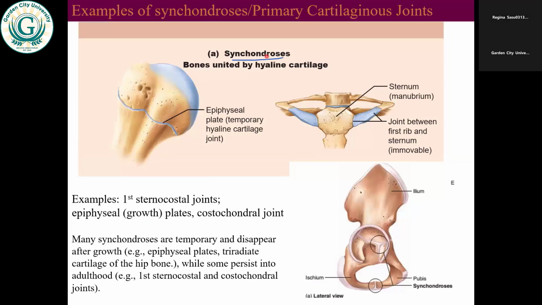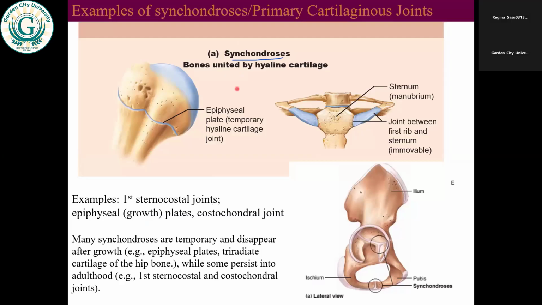Example of synchondrosis is the epiphyseal growth plate. Then the ribs and their costal cartilage, the costochondral joint, then the first sternocostal joint, they are all primary cartilaginous joints.